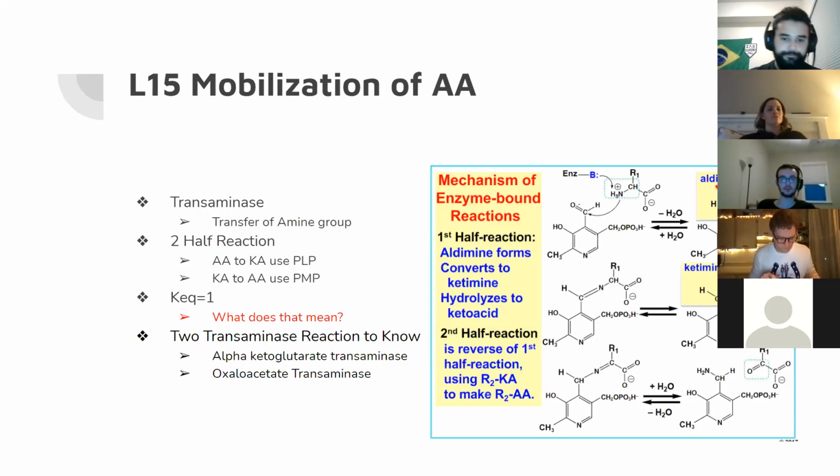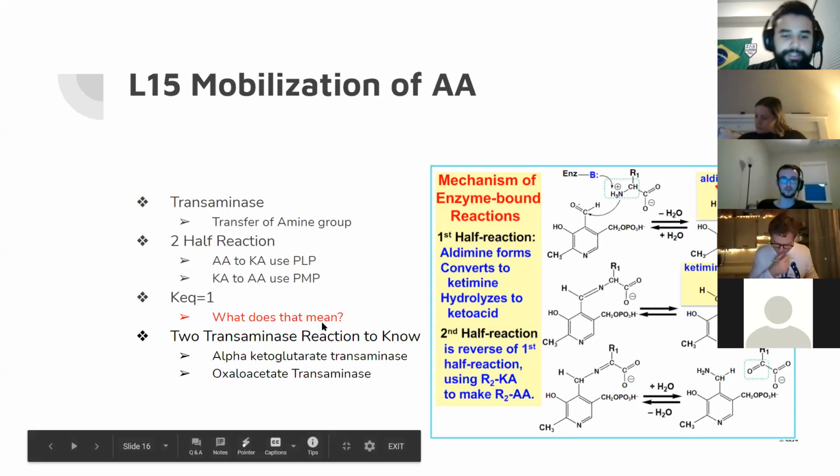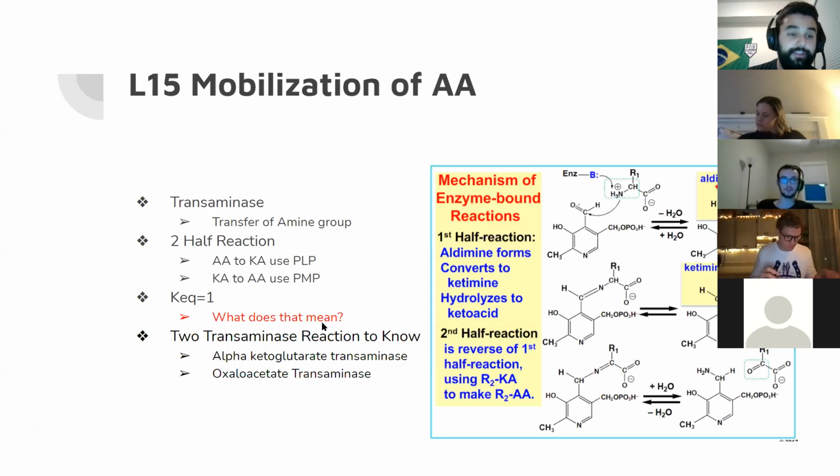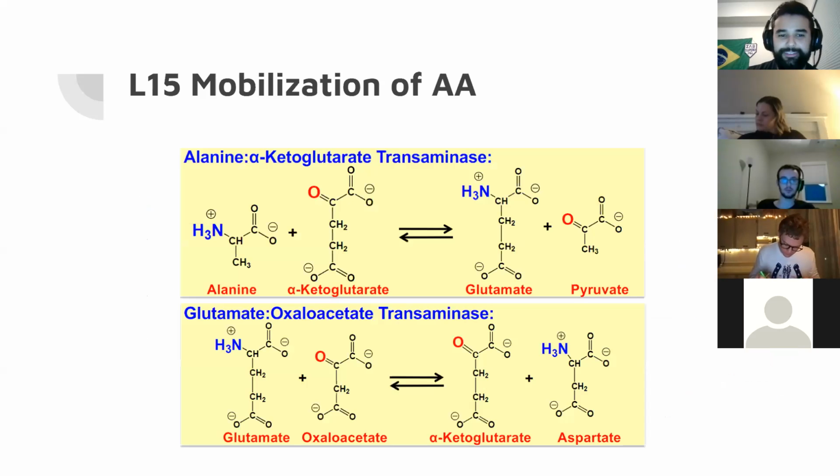Okay. There are two transaminase reactions that we need to know: alpha-ketoglutarate transaminase and oxaloacetate transaminase. Here's the image, right? You're going to see that we have our amino acid and our alpha-ketoglutarate, so an amino acid and a keto acid.